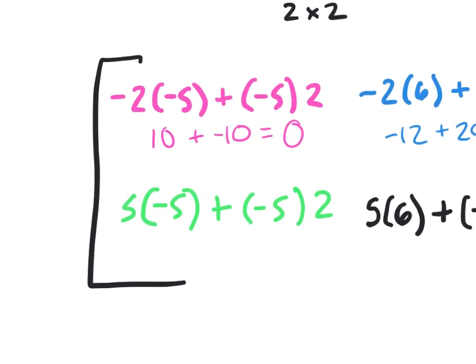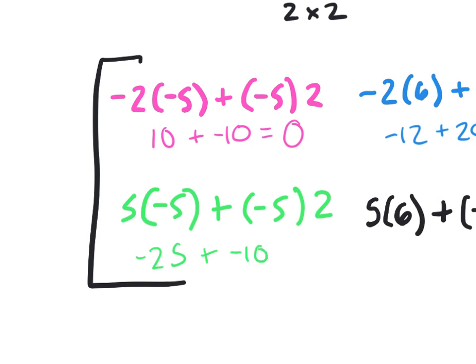Alright, now the green one down here. What do we do first? Negative 25 plus negative 10.